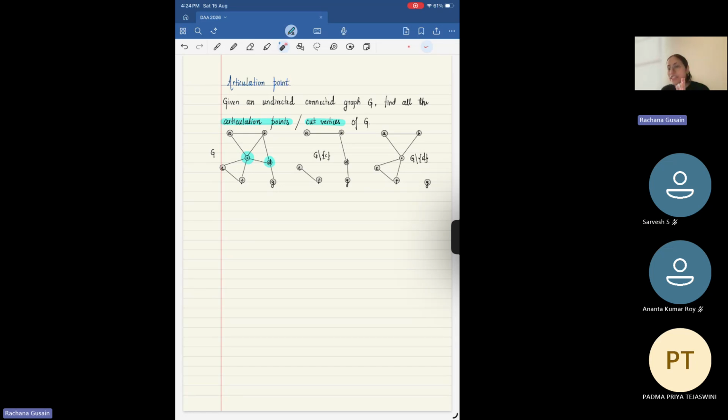Again, we want to use DFS to find all the cut vertices in the graph. If you remember from the previous lecture, if we run DFS on an undirected graph, we can only have tree edges in the DFS tree or back edges. Back and forward edges will be the same, which we will refer to as back edges, and there cannot be any cross edges in an undirected graph.